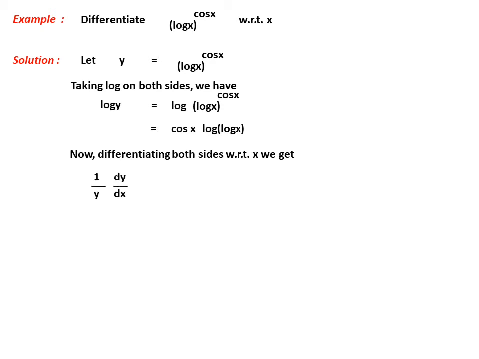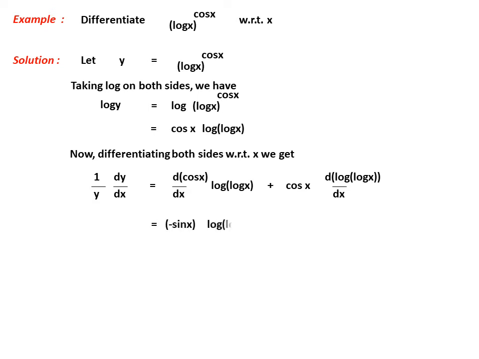So 1 by y into dy by dx will be equal to, on the right side you have to use the product rule, d by dx of cos x into log log x plus cos x as it is, d by dx of log log x.